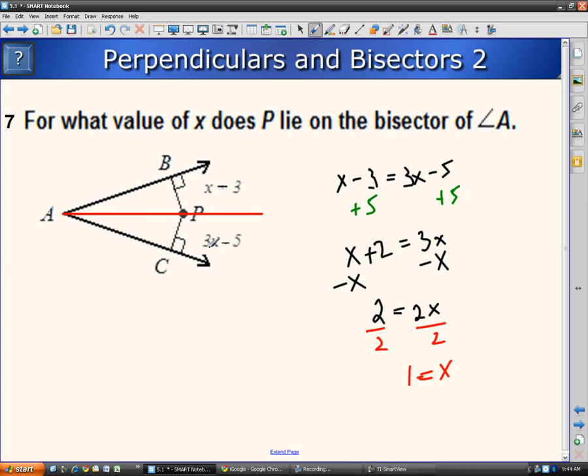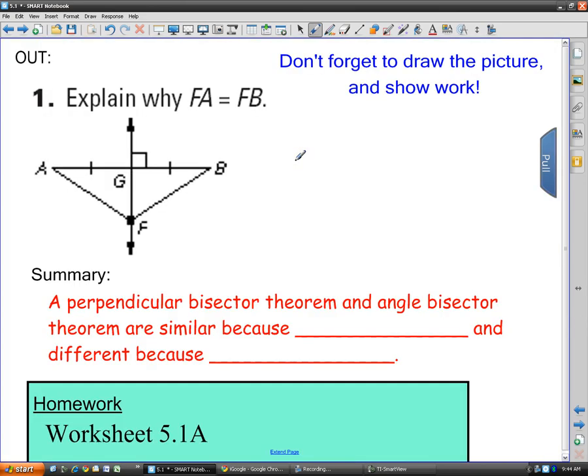Okay, so then here it says, explain why FA would be equal to FB.